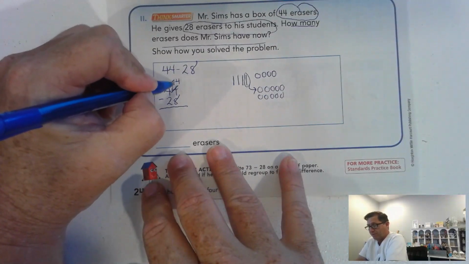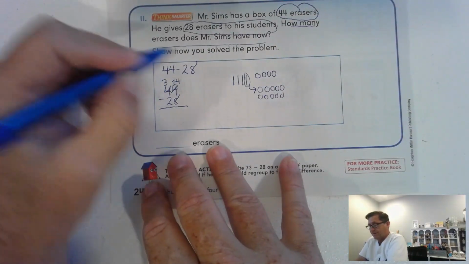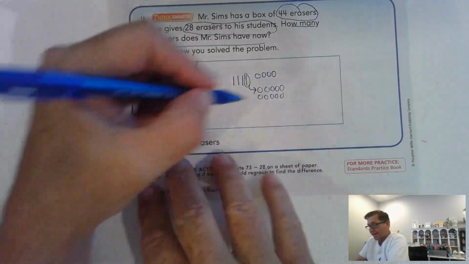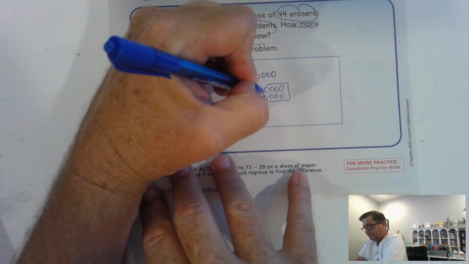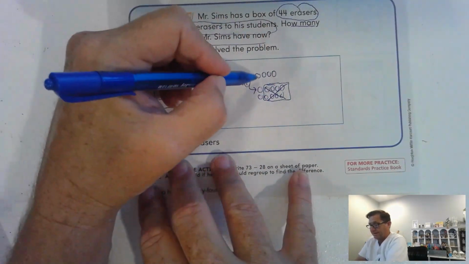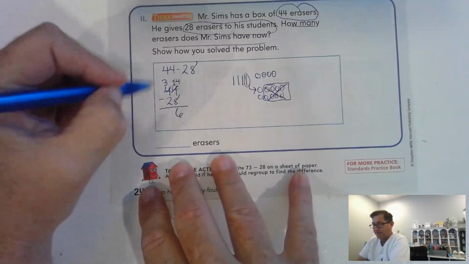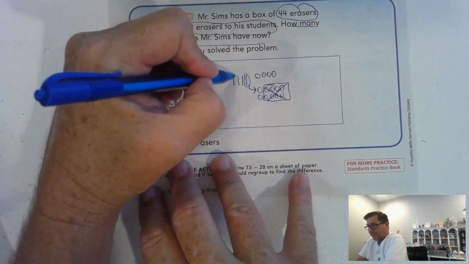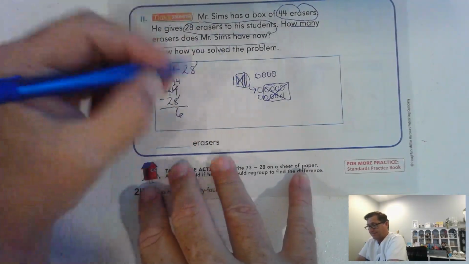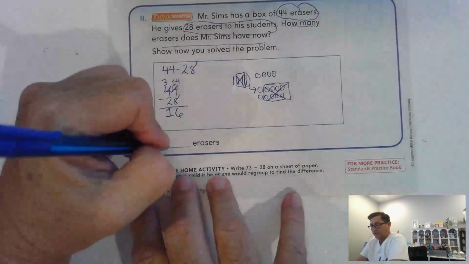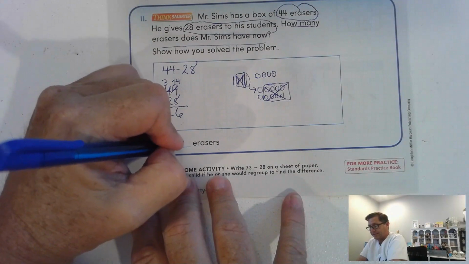So now we have 14 ones and we have 3 tens left. So now we can take away 8 and that leaves us 1, 2, 3, 4, 5, 6 ones and 3 tens. Take away 2 tens leaves us 1 ten. So 16 erasers.